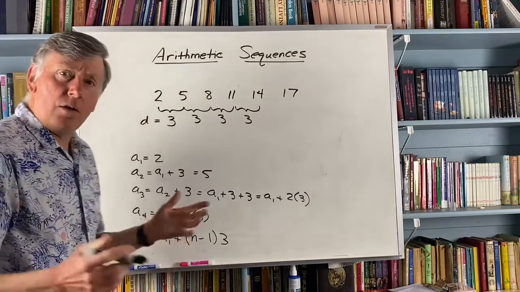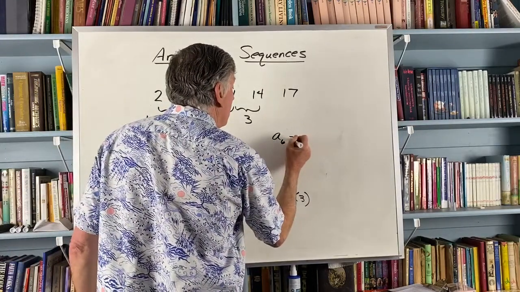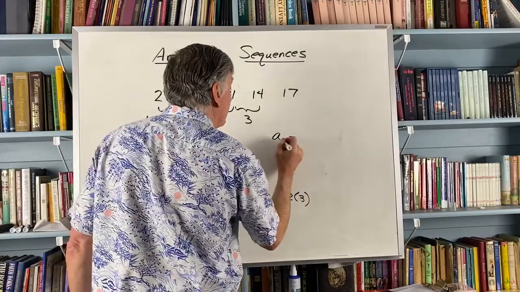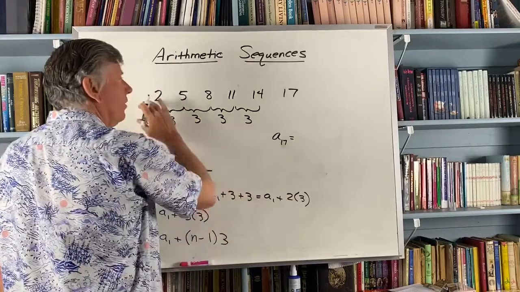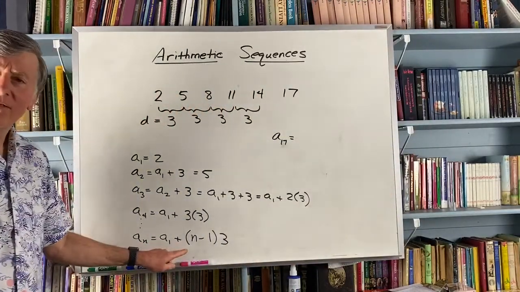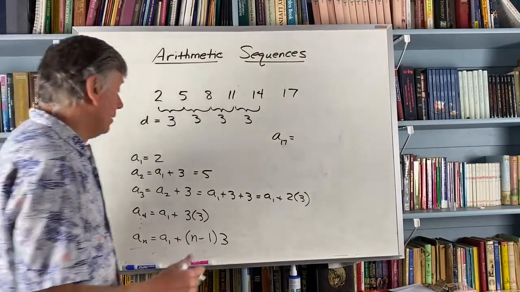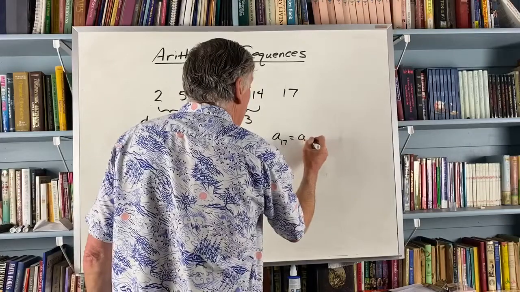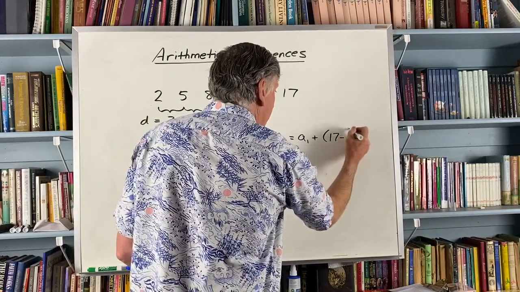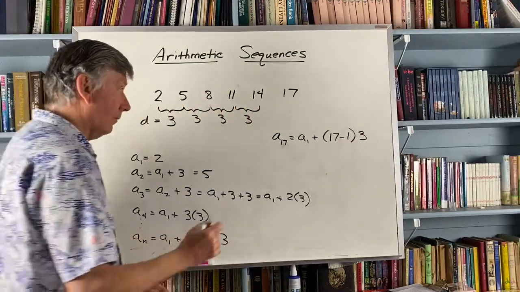So if I say, what's my sixth term, A6? Well, of course I could write it out. Let's do something like my 17th term. Yes, I could write out 17 terms, but I don't need to because I have this nice little handy formula that I created. It's going to be my first term plus 17 minus 1 times my difference, which is 3.